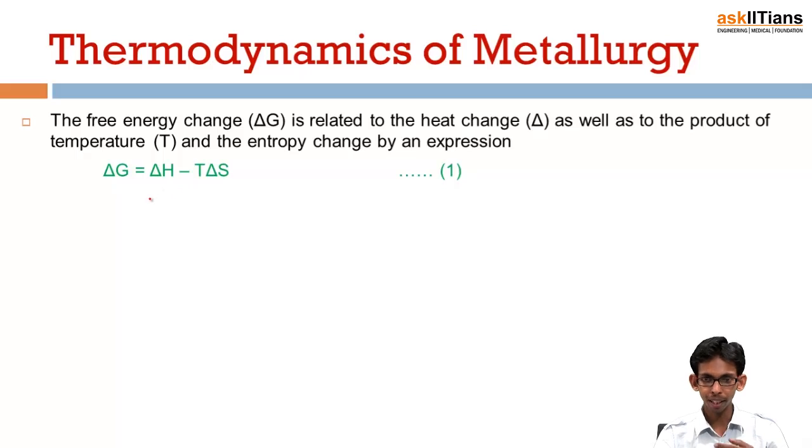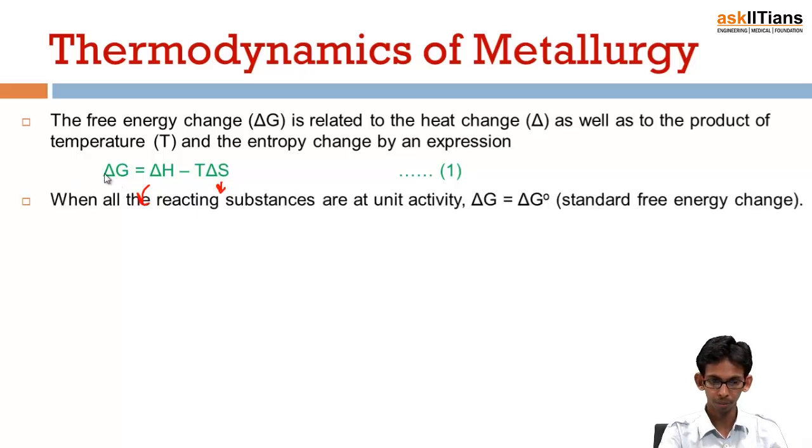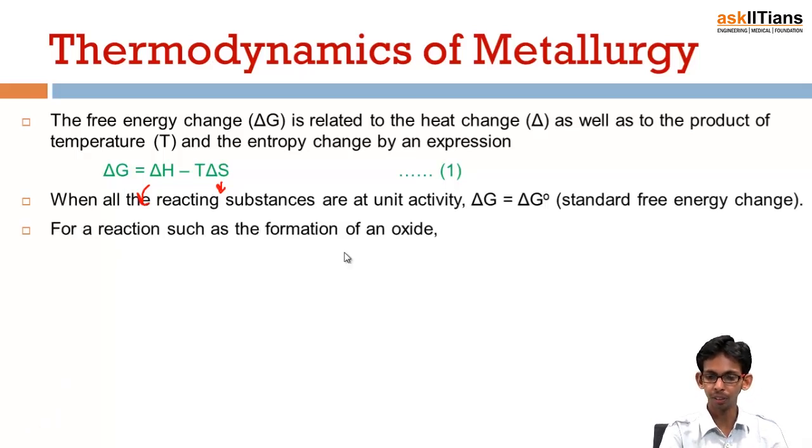I can experimentally find out the enthalpy of reaction, and I can also find out delta S. Delta S is the change in entropy, which is the change in degree of randomness. If degree of randomness is decreasing, that means delta S is negative, and if delta S is negative, delta G would be positive. So when all the reducing substances have unit activity, delta G is standard.